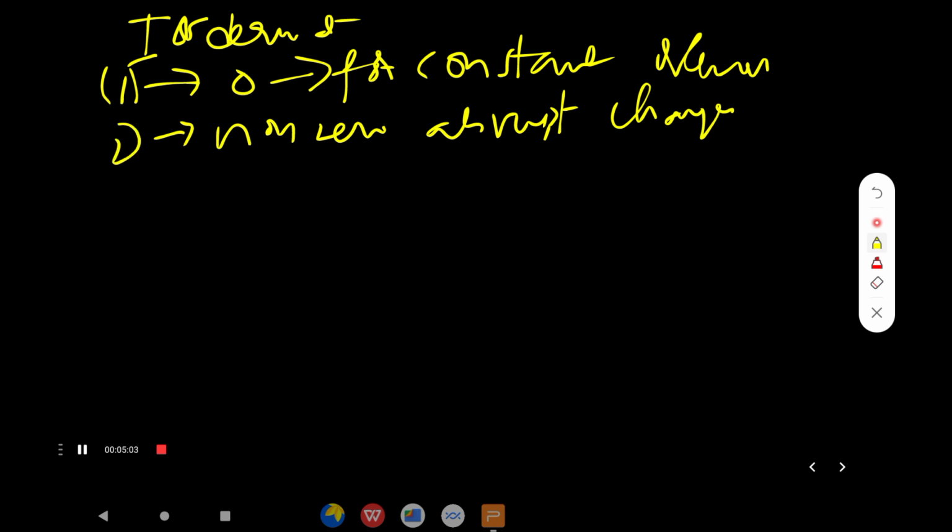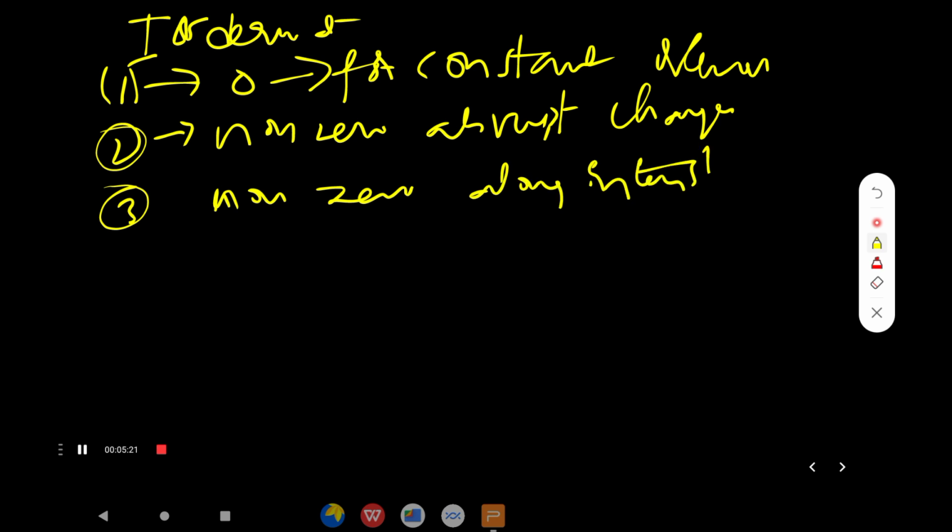Third, for the first derivative, it must be non-zero at points along an intensity ramp. So it is also non-zero along the intensity ramp. So this is the first order.